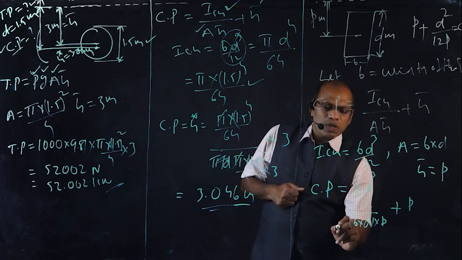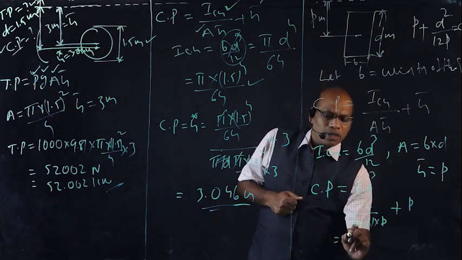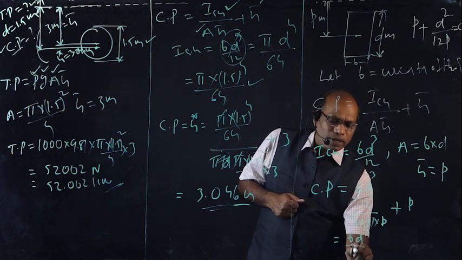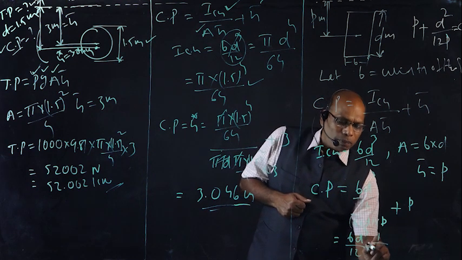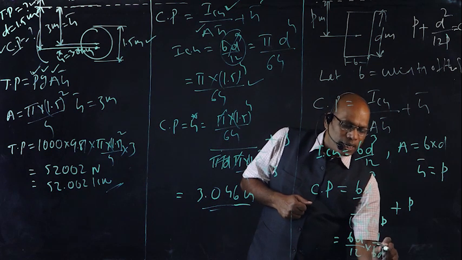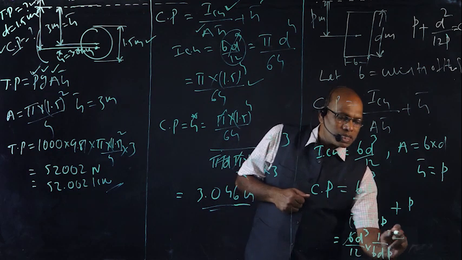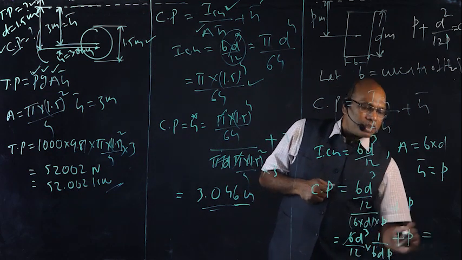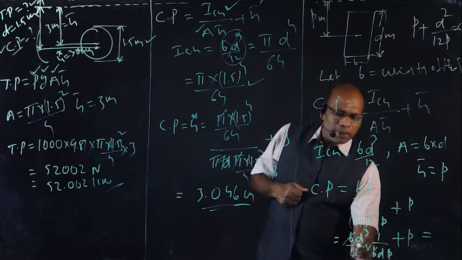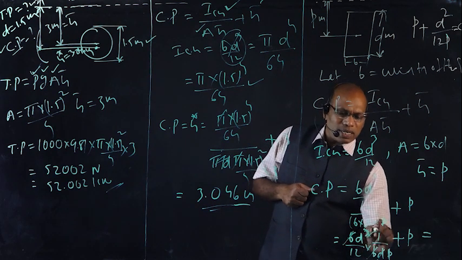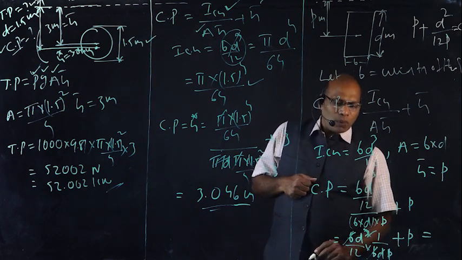Now this is equal to b d cube divided by 12 into 1 by b d p. b cancels with b, and d cube becomes d square.